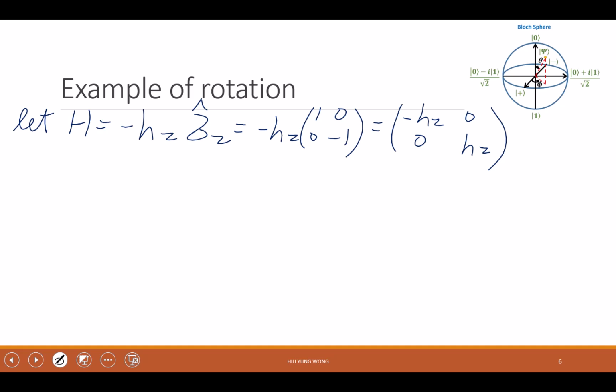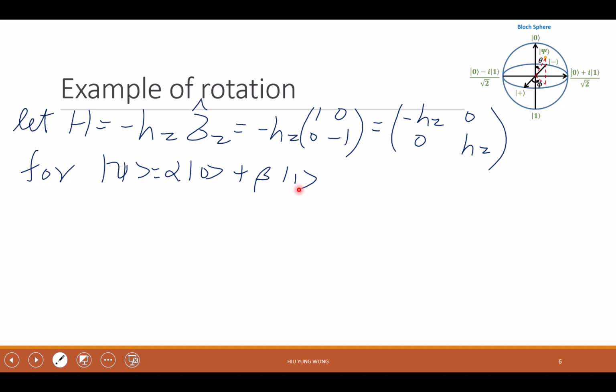With this, I will be able to solve how the wave function is going to evolve. Think about this. For example, I give you a general wave function, alpha 0 plus beta 1.